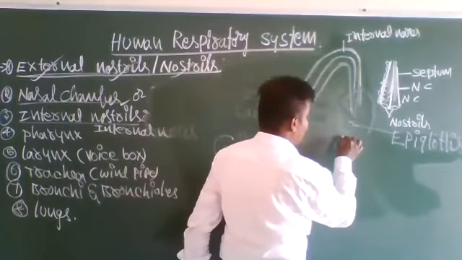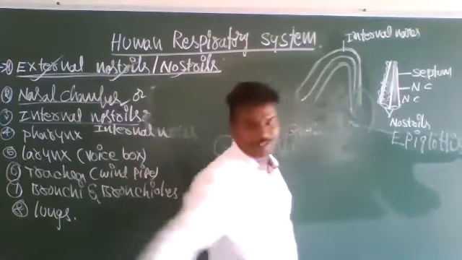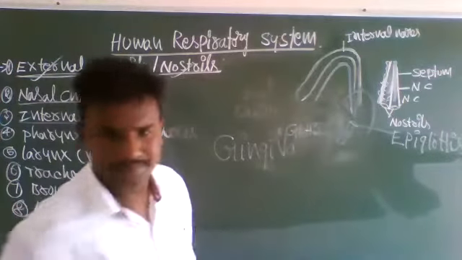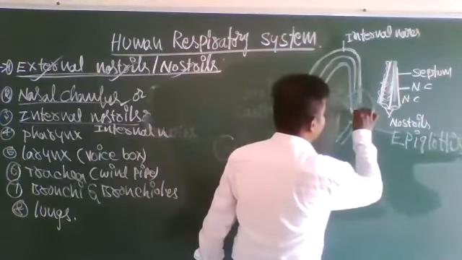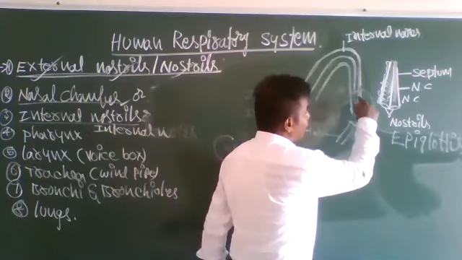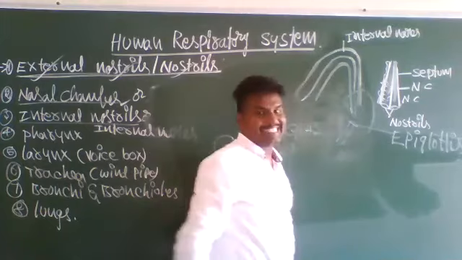This region is called the glottis. From the oral cavity, when food enters towards the pharynx region, this epiglottis acts as a lid over the glottis to prevent the entry of food particles into the glottis.